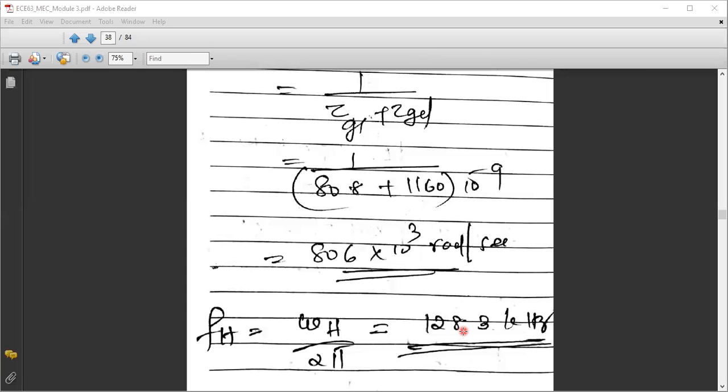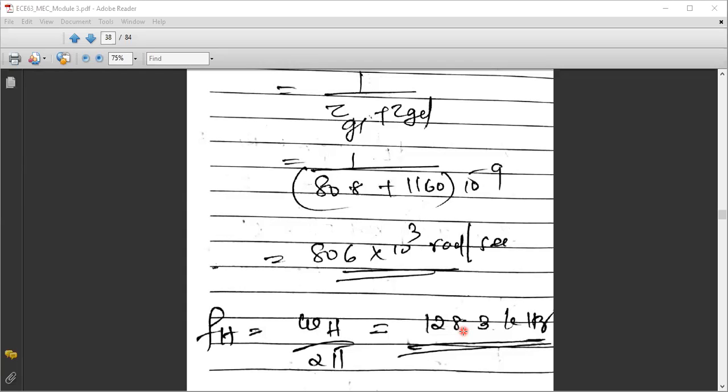With this particular analysis, it is understood that 128.3 kilohertz is your desired cutoff frequency, at which your gain is reduced to 70.7% of the maximum value. Or the output power coming across the load resistance becomes half of your maximum power.